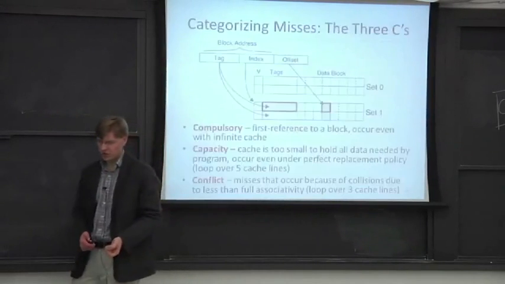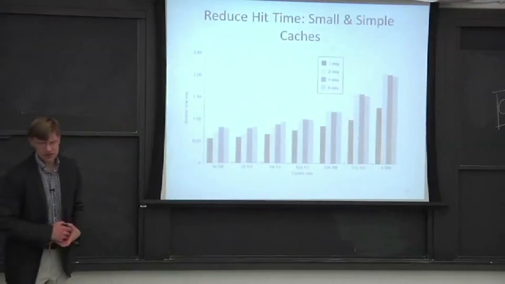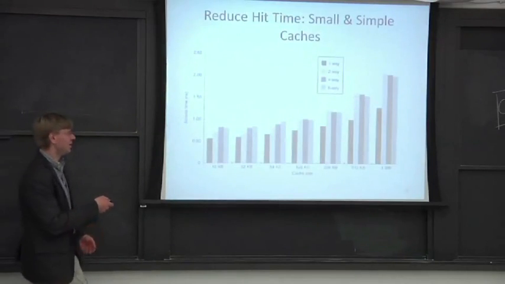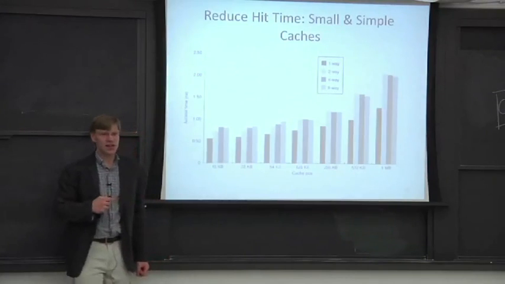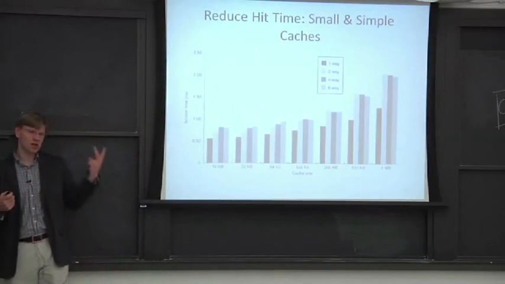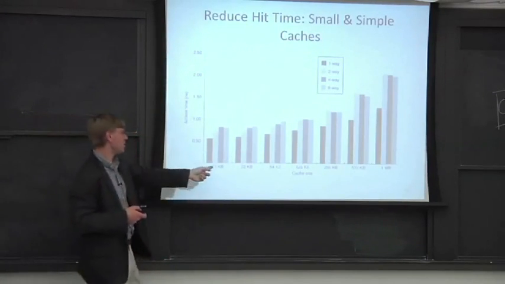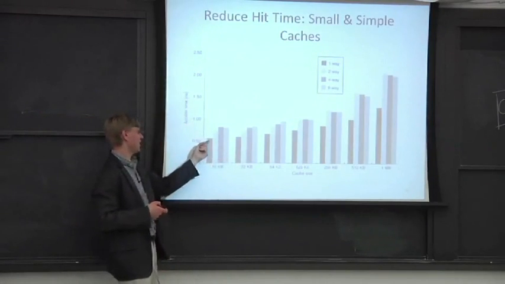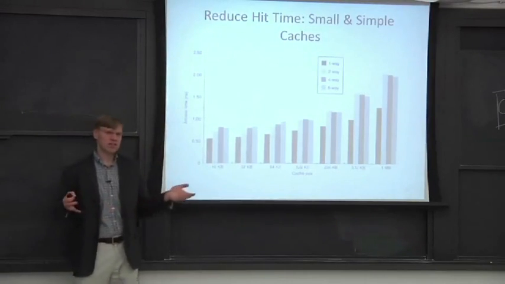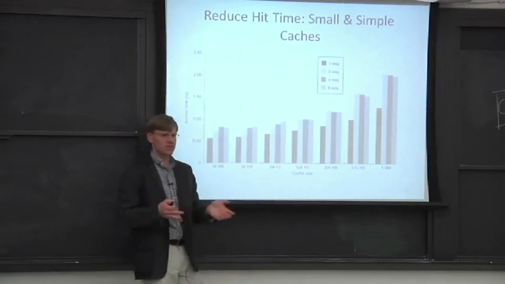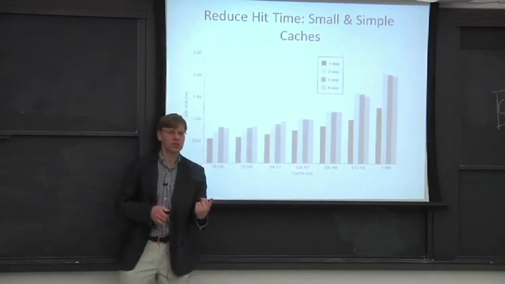So if we take a cache which, let's say, takes 2 nanoseconds to access, and on a 1 gigahertz machine, that would be 2 clock cycles, and we can somehow replace it with a cache which takes half a nanosecond to access, that's good. That means we can actually fit that in 1 clock cycle on our 1 gigahertz machine.